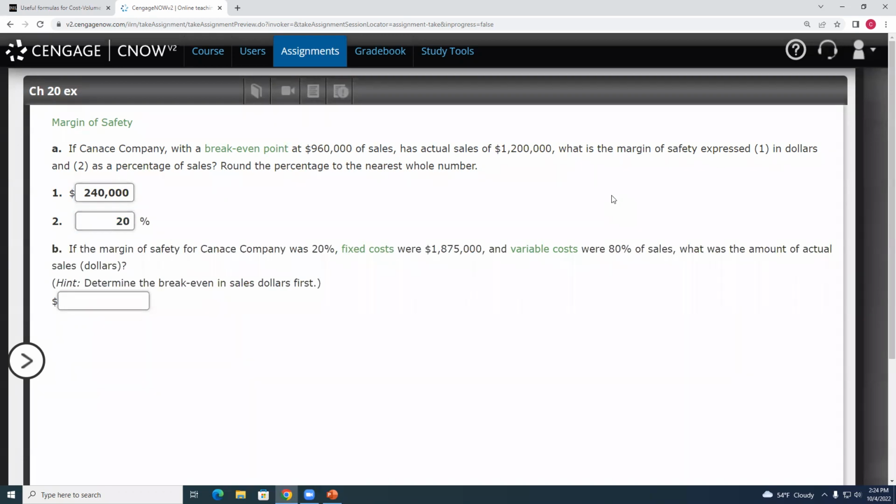So they have a 20% margin of safety, which seems pretty realistic to me. That's a good, nice cushion. You might be comfortable with that. Our sales could decline by 20% and we would still break even. Most companies are not happy with just breaking even, but it gives us a frame of reference.